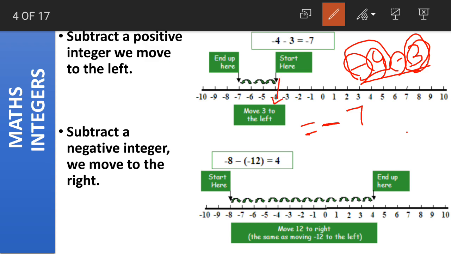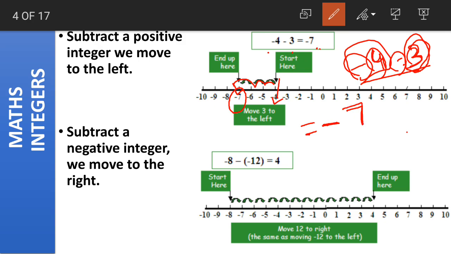We are starting from minus 4 and then we are subtracting 3. So we are moving 3 steps backward, which leads us to minus 7. Minus 4 minus 3 is equal to minus 7. Both the signs are the same, so the answer will be minus, and 4 plus 3 gives us 7.